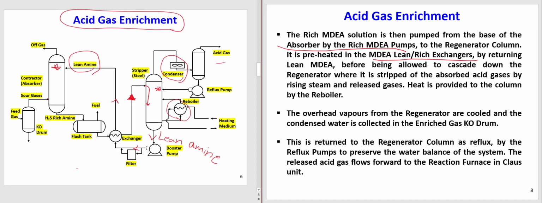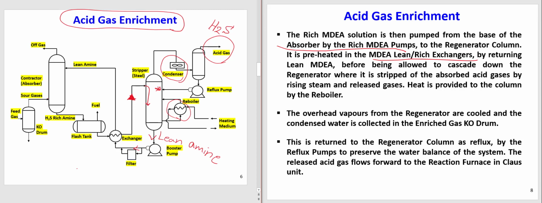And at the top, you have a stream that has a high amount of H2S, more than 40%. Now, how is the heat provided to this regenerator, since as I said, it works at high temperature?